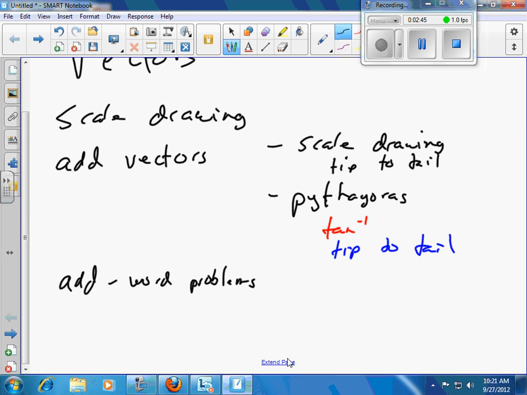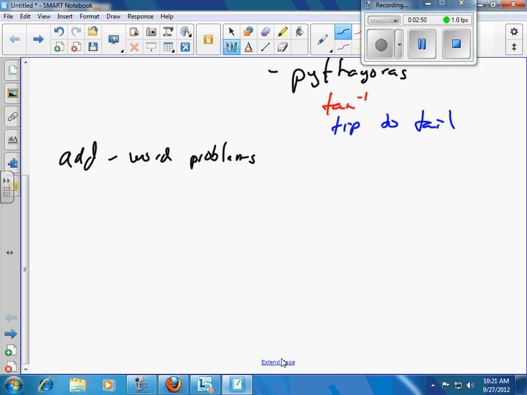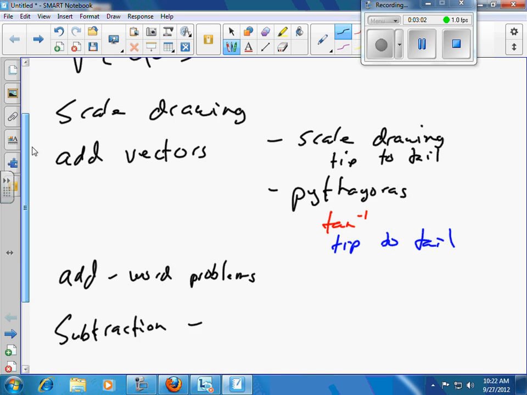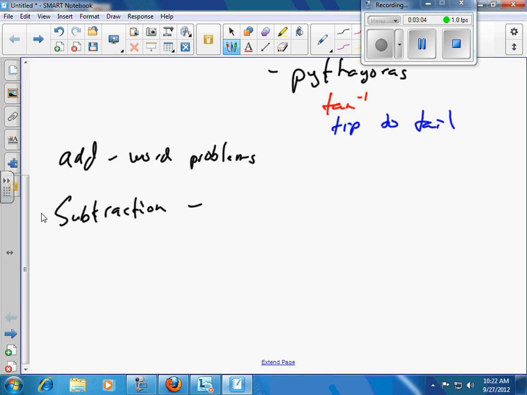Okay. Now the other thing you need to do that we talked about yesterday was subtraction. And I think I need to talk a little bit more about subtraction. Subtraction is when you do what? Add the negative, exactly. And we can do that 2 different ways again: scale drawing and Pythagoras.